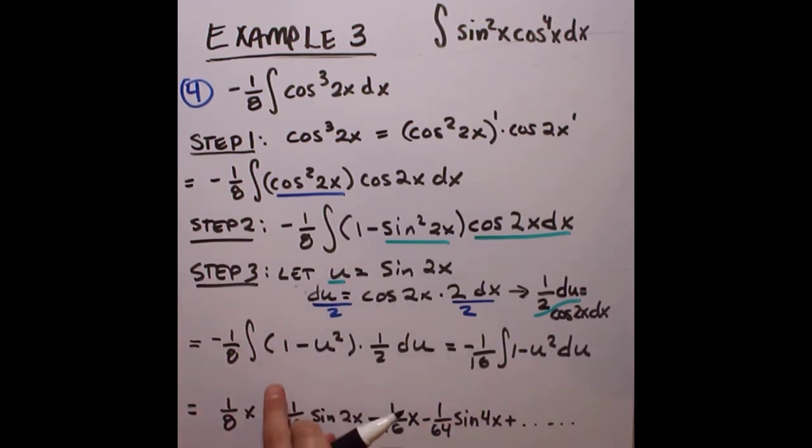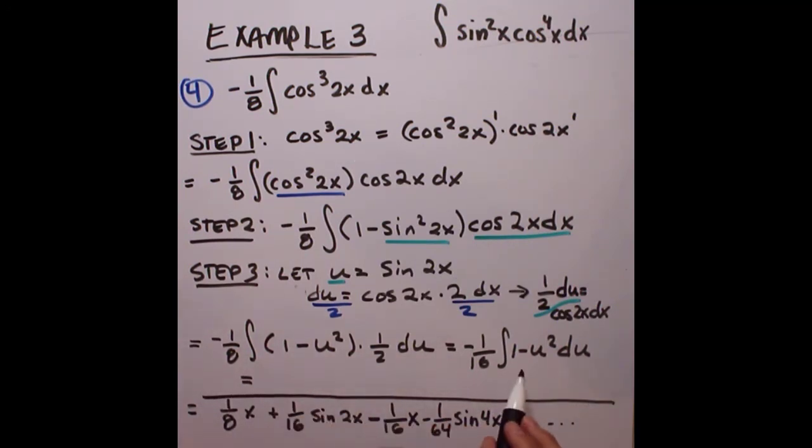And then I'm going to try to squeeze it in here. I know I'm making it a little tight. This is our answer all the way down here. We have negative 1/16. We're integrating at this point. Negative 1/16, integral of 1 is u. And then minus a minus, that becomes plus 1/16. Integral of u squared is u cubed over 3. So that's a times 3 there. Hopefully it's not getting too messy looking.